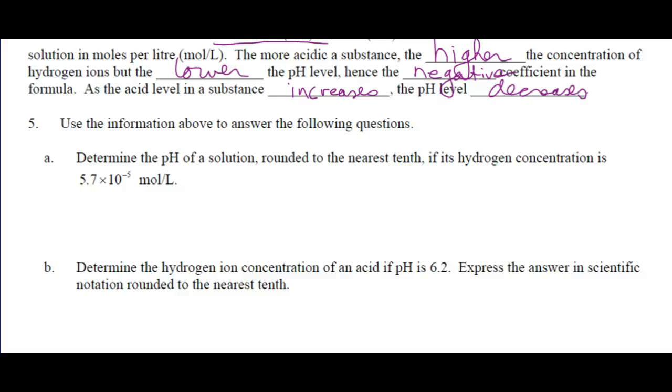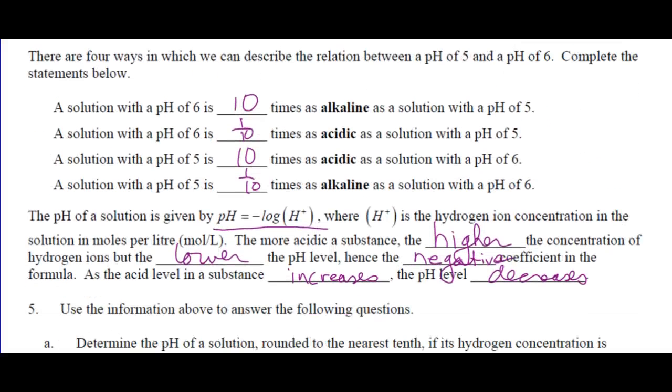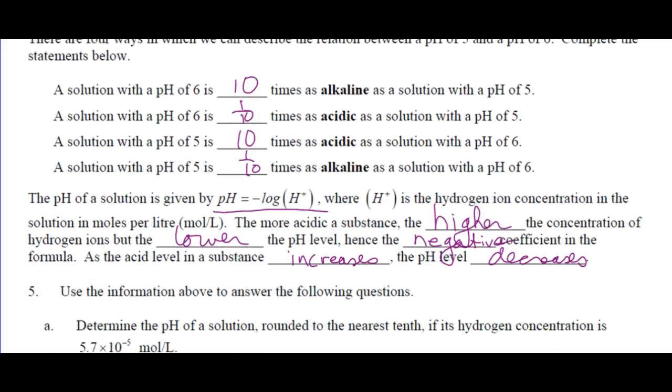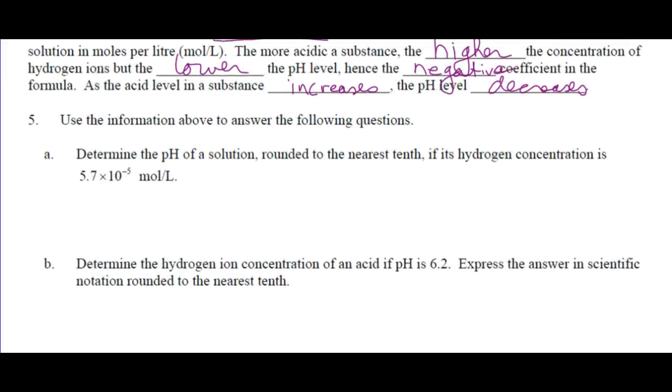Use the information above to answer the following questions. Determine the pH of a solution rounded to the nearest tenth. This is really just a straight substitution in the formula. What if I didn't take chemistry? They would give you the definition of pH and then give you the concentration.